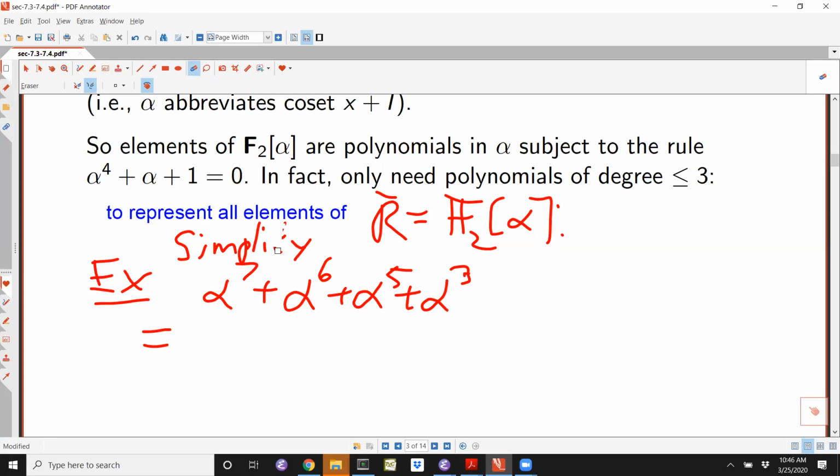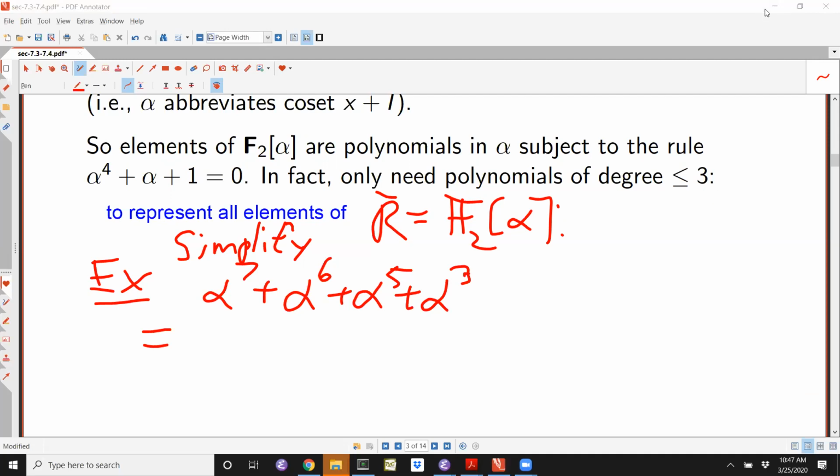I want to take this element and rewrite it as an element of degree less than or equal to 3. And I want to observe why I picked degree 3.